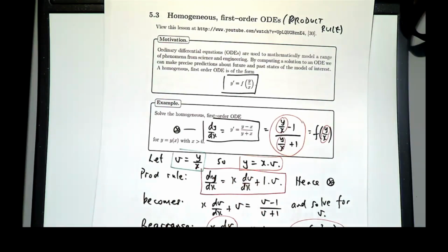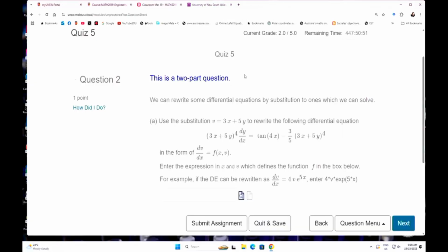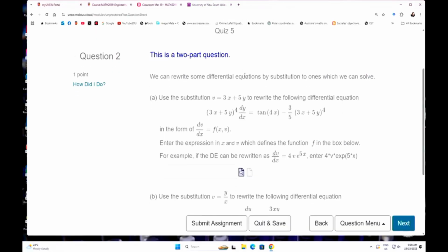But if I look at Mobius this week, I was just trawling through Mobius as I do sometimes. Part B is definitely related to this first order homogeneous problem, but part A is using a slightly different substitution, okay? You're even given the substitution here. So let's say you were given a problem like that.